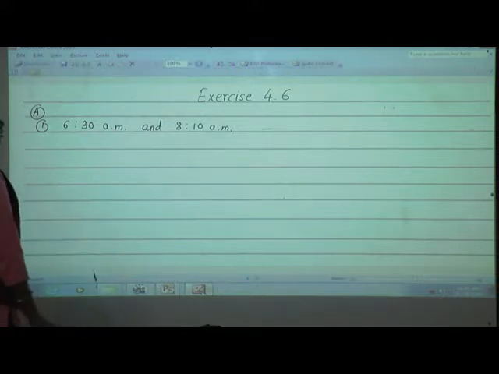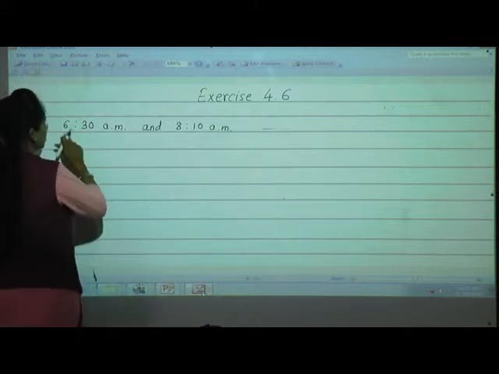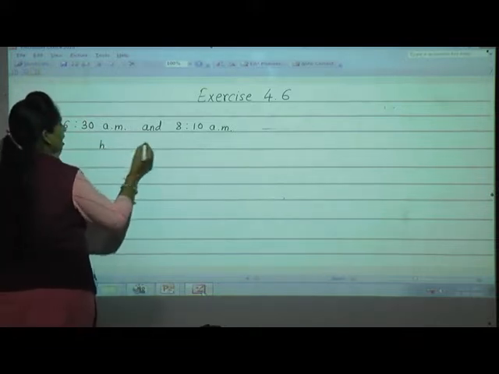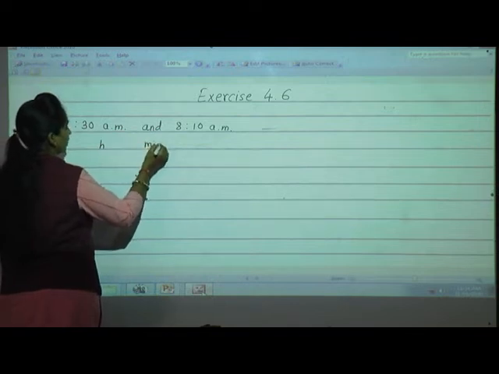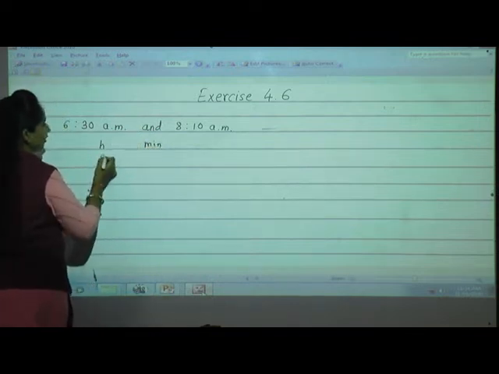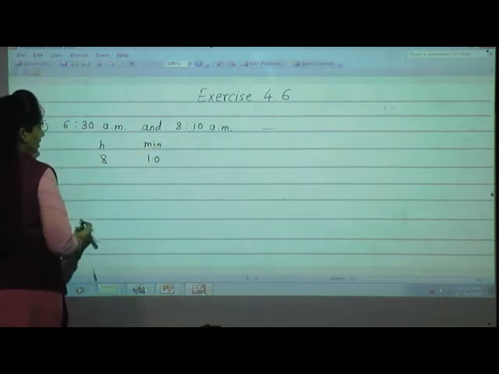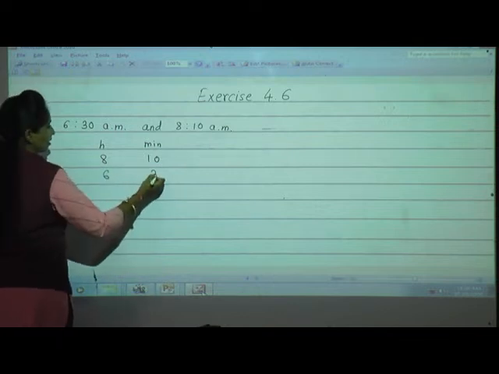So here for the subtraction you have to take the first greater number, and the smaller number you have to subtract. Now this is 6 hours and 30 minutes. So write first the greater, 8:10, and then 6:30.